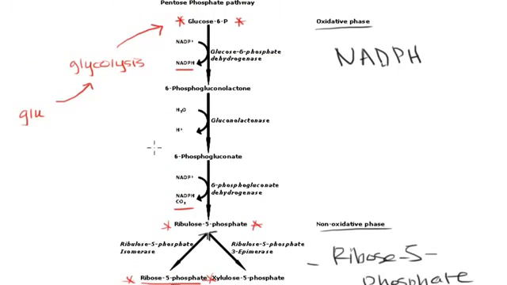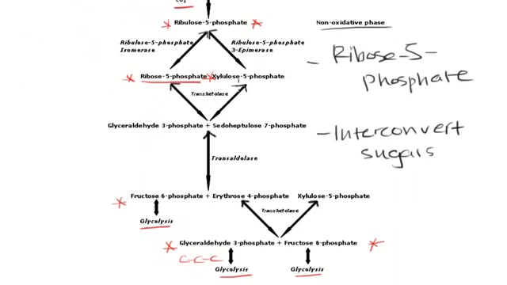So these oxidative phase reactions are irreversible, shown by the unidirectional arrow, but the non-oxidative phase, of course, allows interconversion and hence is thought of as more of a reversible pathway.